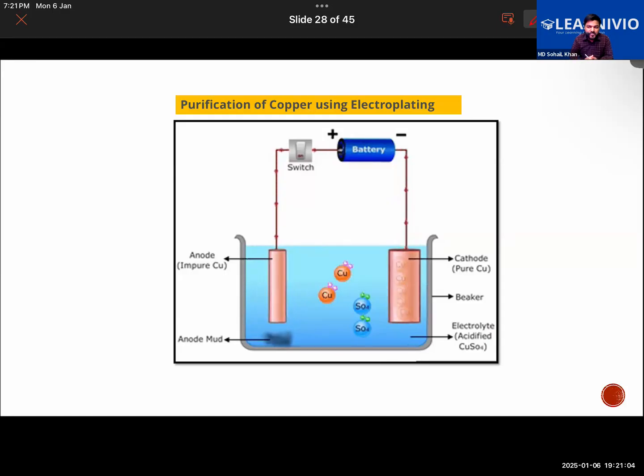The impure rod, exactly. So the impure rod is made as anode. And where does the impurity settle down, beneath the anode or beneath the cathode? Beneath the anode, no?